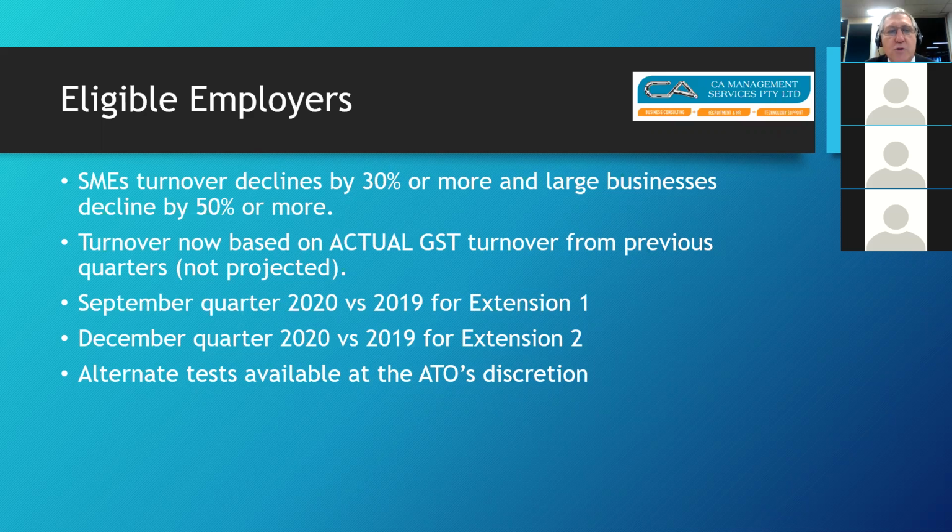The second JobKeeper, for next year, is going to look at your BAS for the December quarter, comparing this year's BAS to last year's BAS. If you've not dropped below 30% on those, the tax office has given some alternative tests that you can compare. I wasn't going to go into those today, but if anyone wants to, you can give us a buzz and we'll talk to you about them.